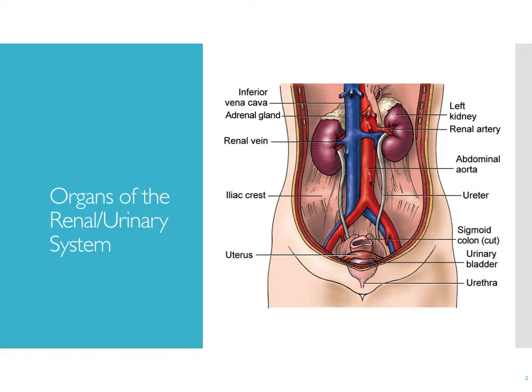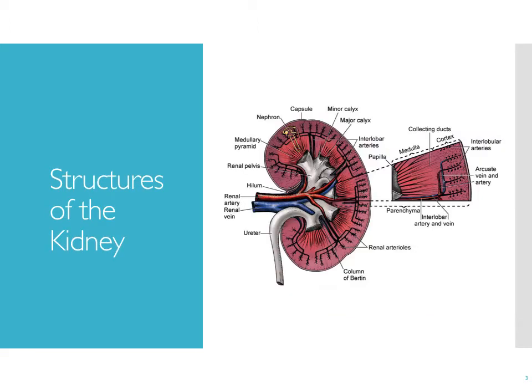We know that the organs of the renal and urinary system include the kidneys, the ureters, the urinary bladder, and the urethra. And within the structures of the kidney itself, we have the calyces, which consist of the nephrons and drain into the ureters.